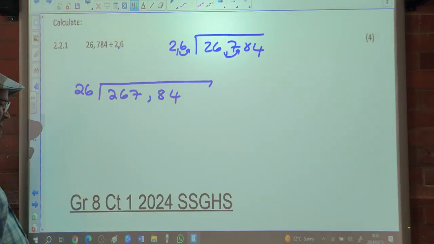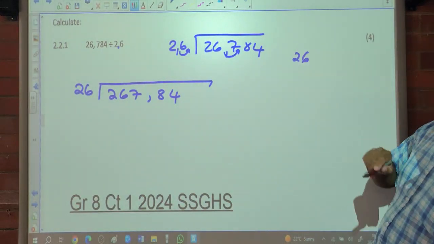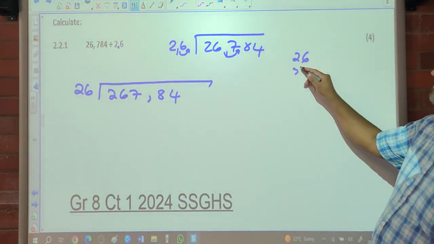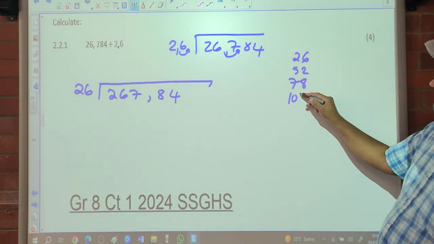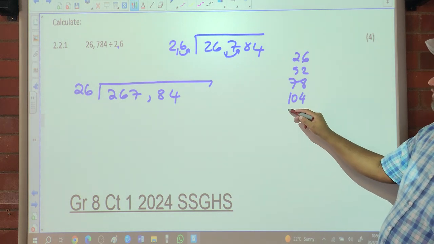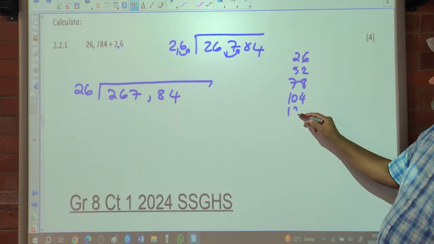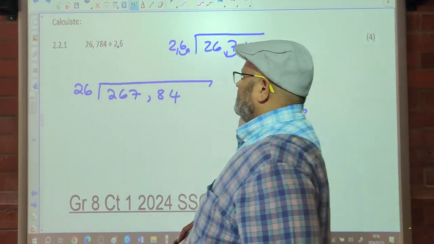So what do I do first? I write the 26 timetable, not so? What's the 26 timetable? You should have got it down on your page. It's 26, 52, 78, 104, 130, 156, and so on. So let's see.